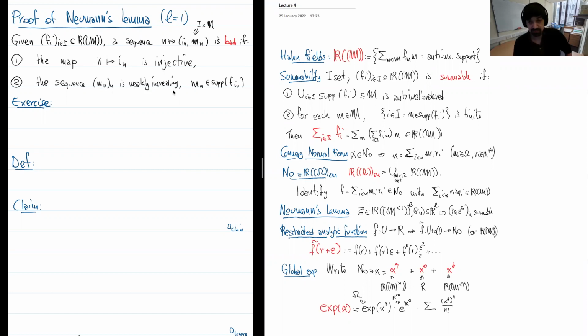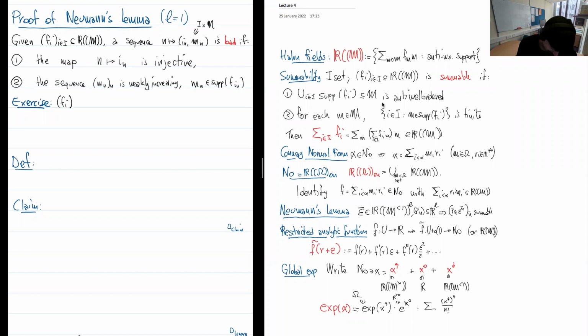There's going to be a problem with the family, in the sense that either, for example, one monomial is appearing infinitely many times across the family, or maybe you can find a strictly increasing sequence. And that means that when you look at the supports of the f_i, the union is not going to be anti-well-ordered. You're going to find an increasing sequence of monomials in the union. So easy exercise. I told you more or less what the pieces are.